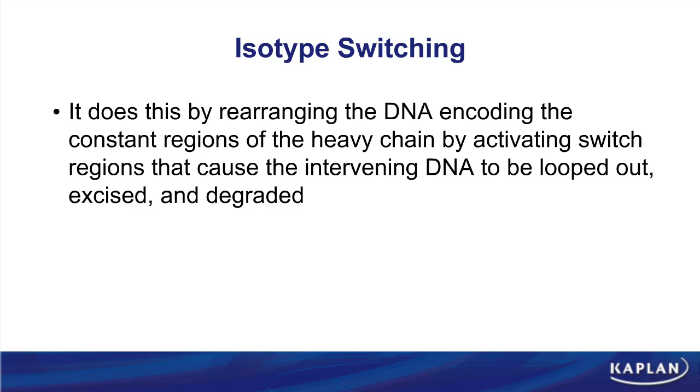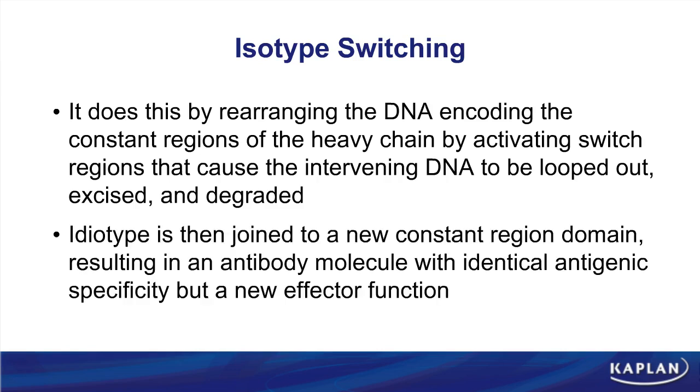So the areas that need to be switched are identified, the intervening DNA is looped out and excised and eventually degraded. The idiotype is then joined to the new constant region, and that's going to give us a new isotype of antibody. This is a one-way event.